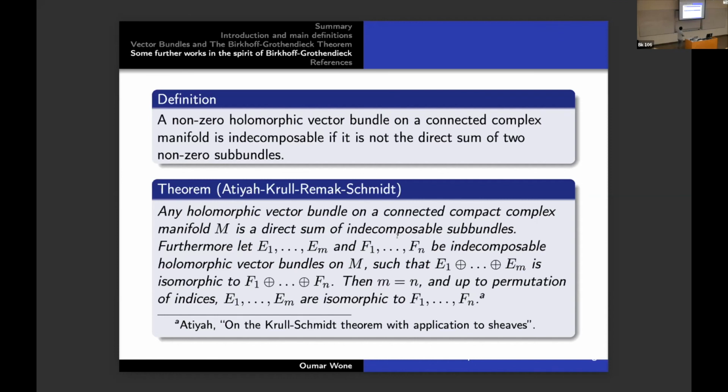And furthermore, if we have E_1 to E_m and F_1 to F_n, which are indecomposable holomorphic vector bundles on M, such that the direct sum of the E_i is isomorphic to the direct sum of the F_j, then necessarily we have m equals n, and up to permutation of indices, E_1 to E_m are isomorphic to F_1 to F_n. So this is in a sense similar to the statement of the Birkhoff-Grothendieck theorem.